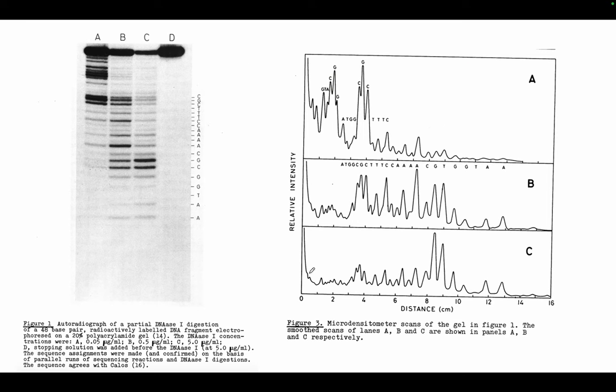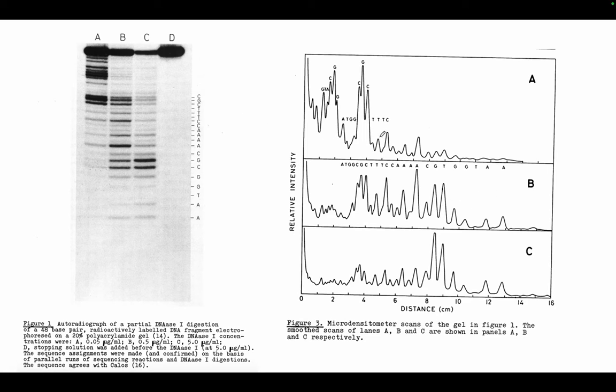So this is just an example of what DNA cleavage looks like. Here I have some sample with increasing amounts of DNase 1, and you can see it has formed a lot of bands within this region. This is the known sequence, and as we discussed earlier, we can quantify the darkness of the band, and we can plot a graph like this.